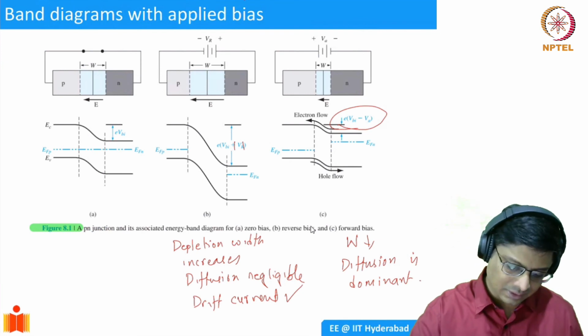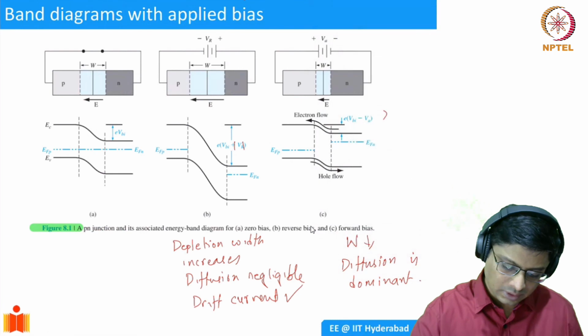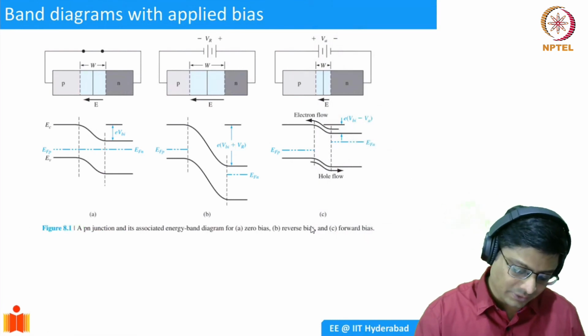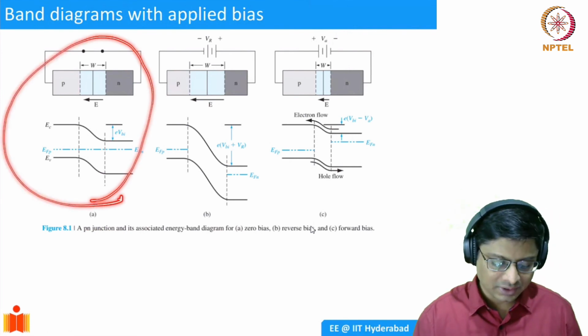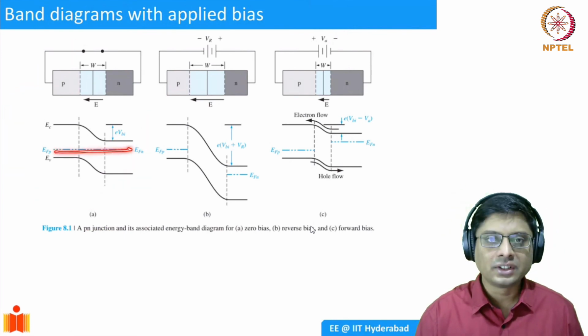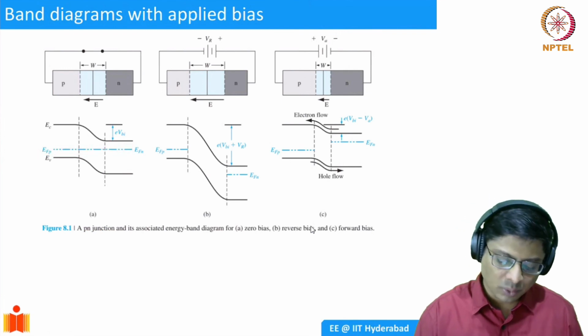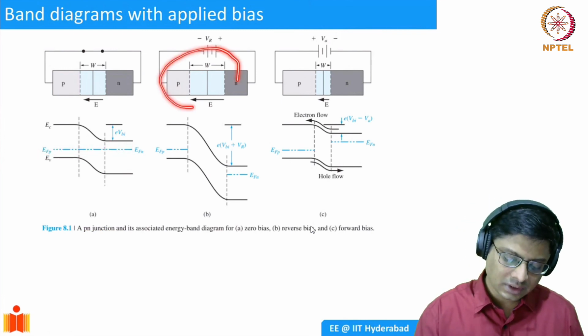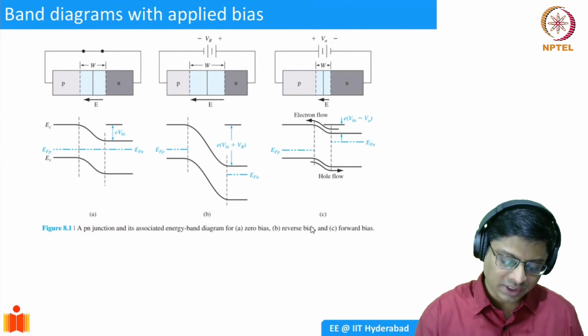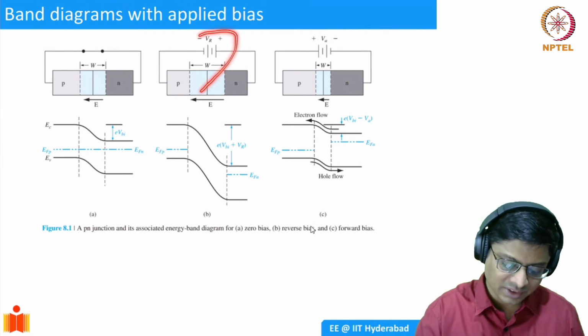Well, what you see here is that you have the forward bias, without applied bias, the same thing we have discussed. Without any applied bias, you have the Fermi level, which is constant. This is the equilibrium p-n junction. But the moment you introduce an applied voltage, let's say in this case, this is reverse bias.